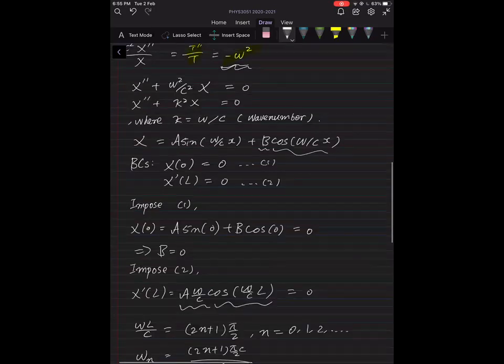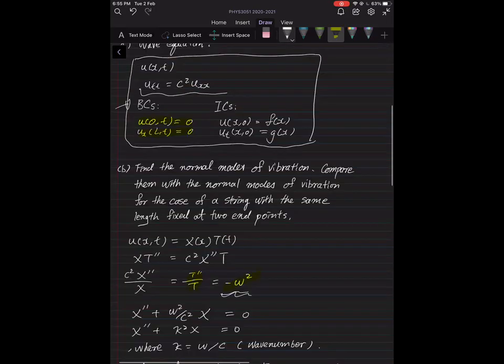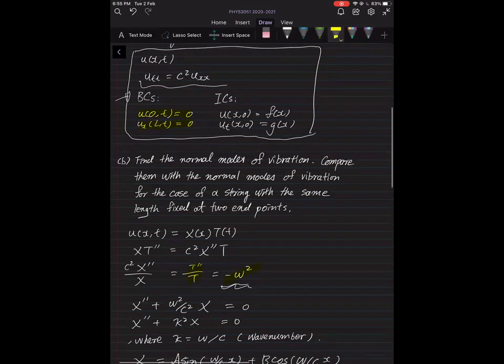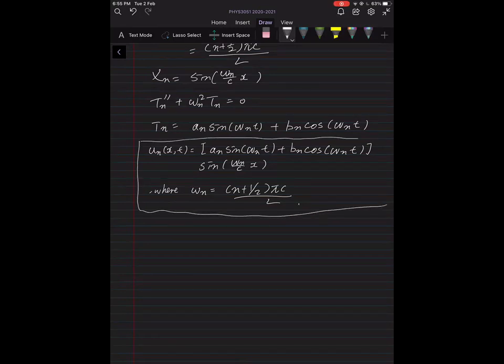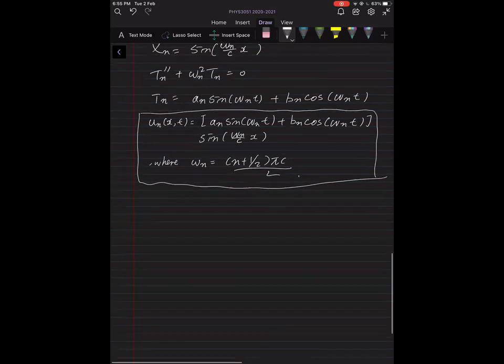But we are also asked to compare with the case with the same string, but with the two ends being fixed at two endpoints. So does anyone remember the solution? This is the case with one end being fixed and another end being free.